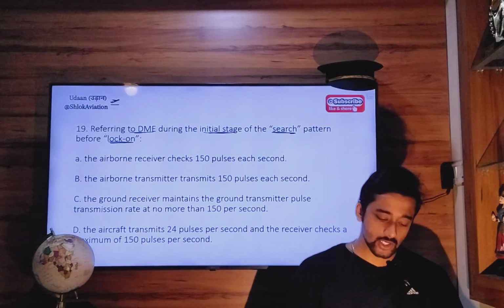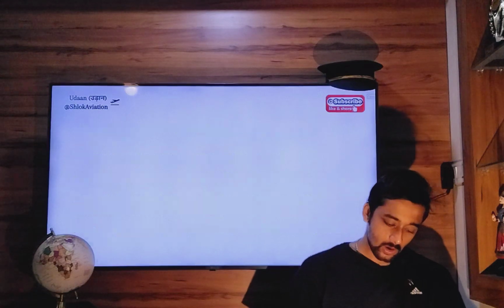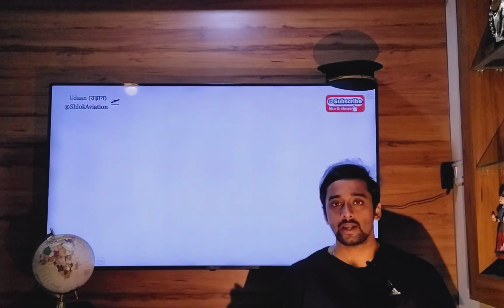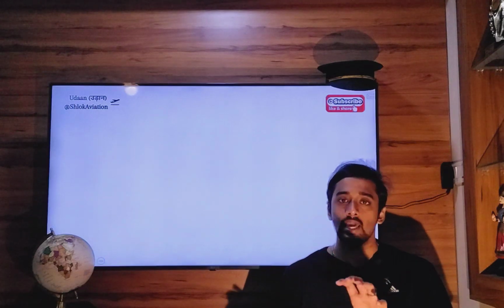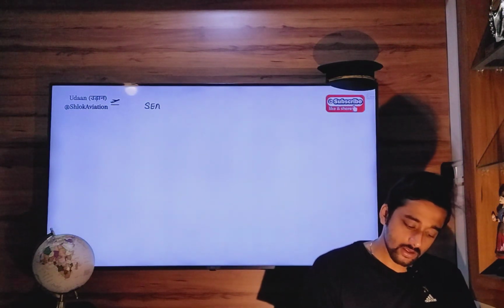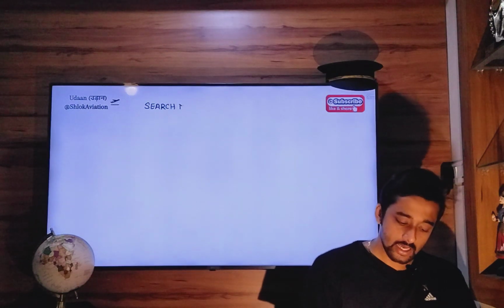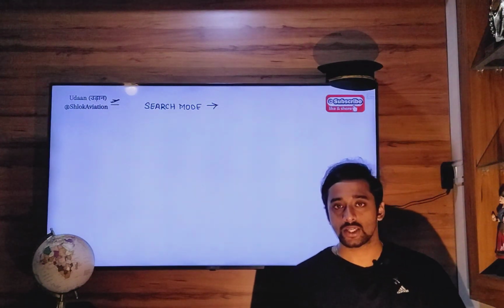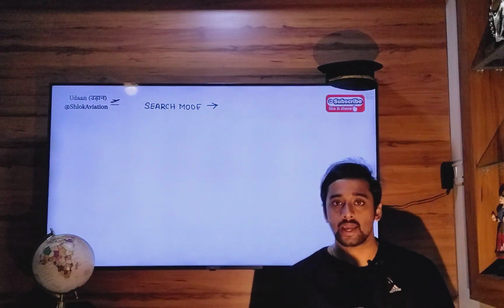at what rate? So correct answer is Bravo. Always remember, whenever you switch on the DME equipment in your aircraft, or you change the DME channel frequency, first it will enter search mode. In this search mode, it will start searching for suitable DME stations nearby that can give accurate range information.